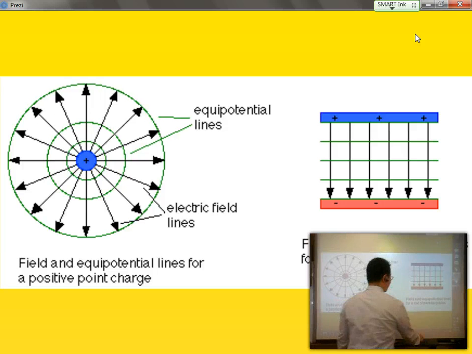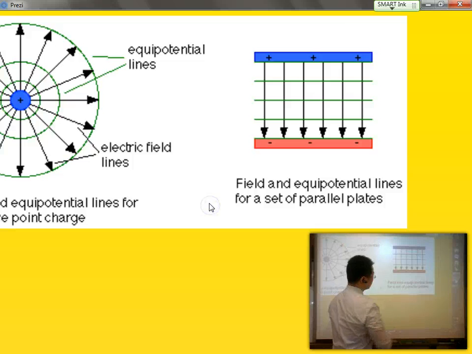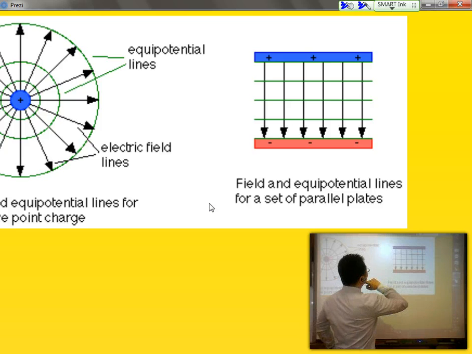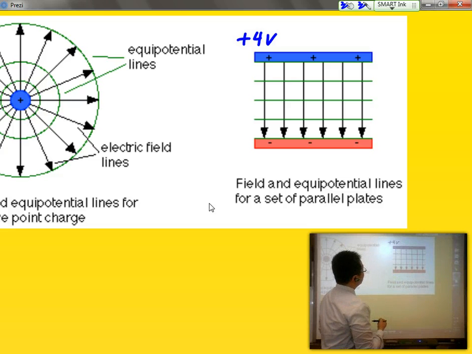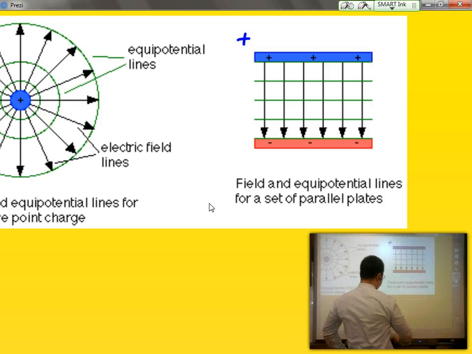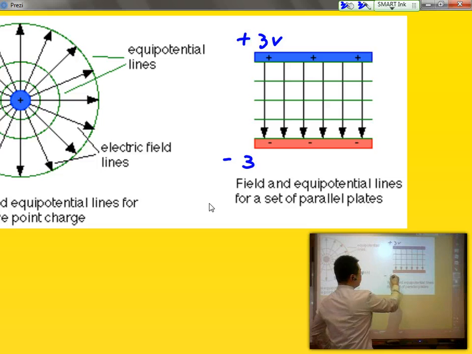But if you look at our parallel plate over here, before we had one plate charged a certain value, another plate charged another value. Let's say the top plate was charged with +3 volts, and the bottom plate is a hole of -3 volts.